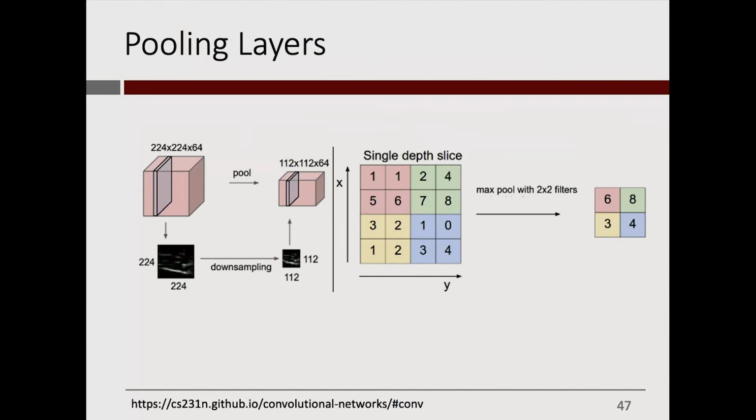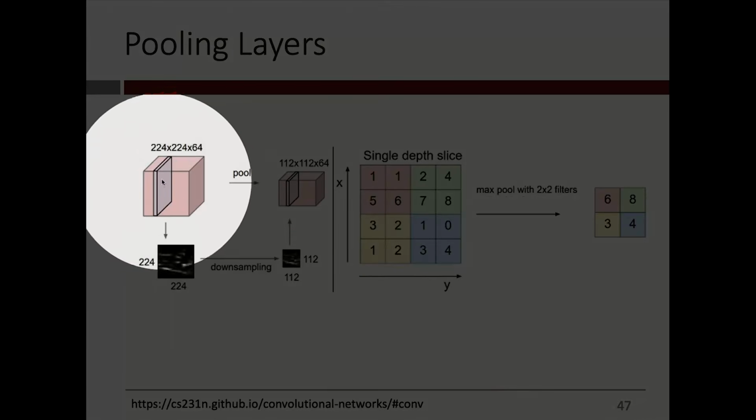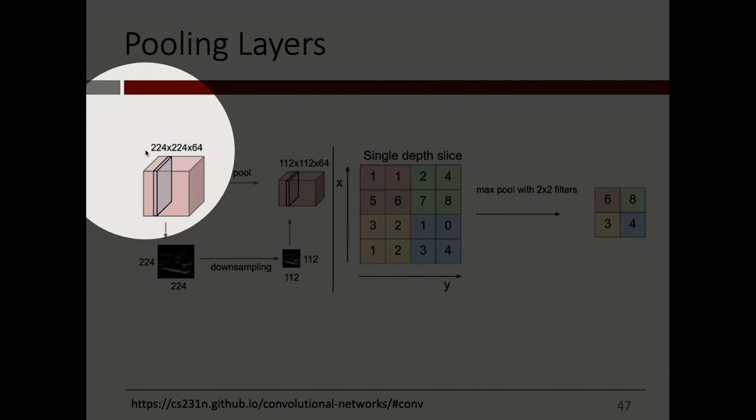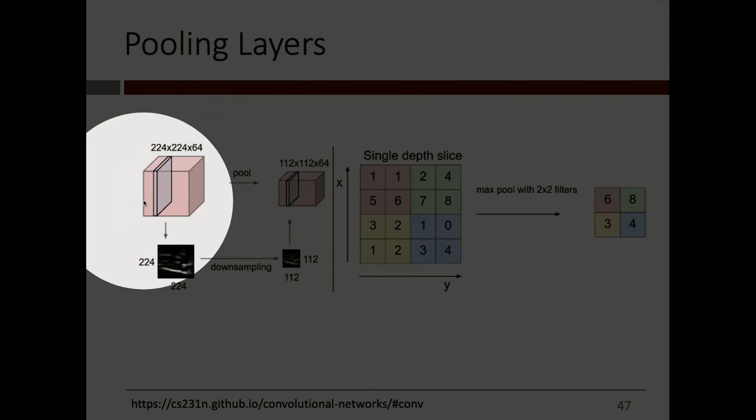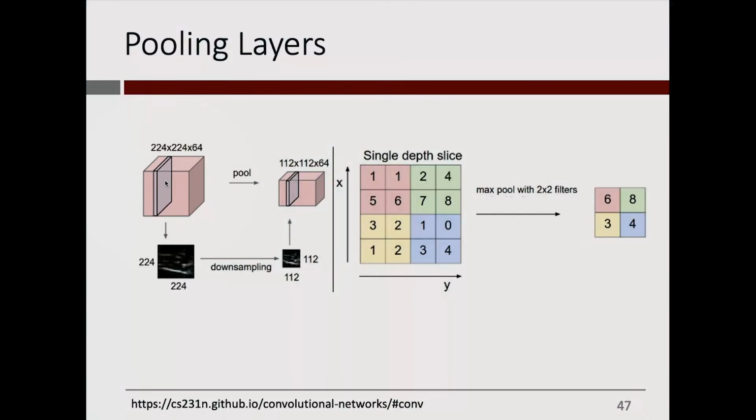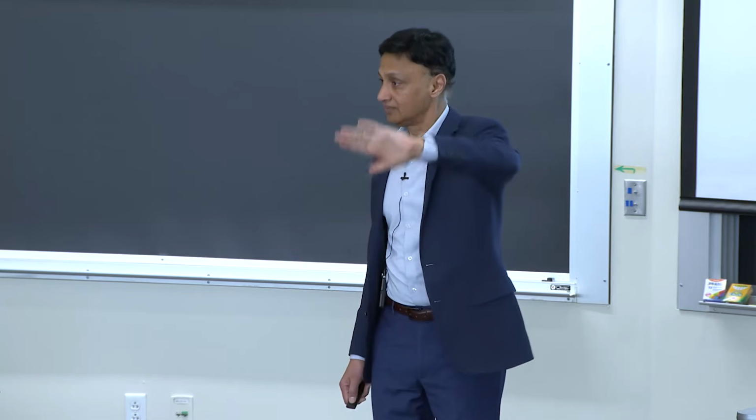So when you have something like this, let's say a tensor coming out of some convolutional layer, and its size is 224 by 224 by 64, then you apply something like a pooling. The thing I want to point out is that the pooling will work with every slice of the tensor. If the tensor is 224 by 224 by 64, it has a depth of 64, which is basically like saying it's got 64 tables of 224 by 224, and the pooling will work on every one of those tables.